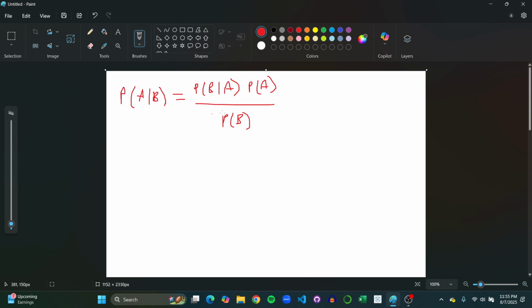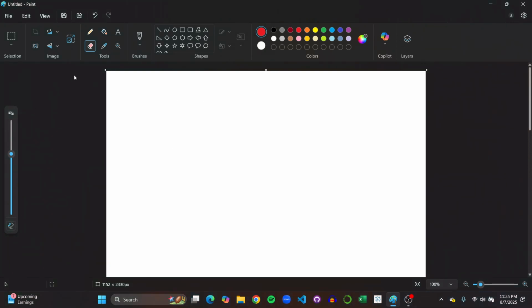Now, let's do a quick proof of this because it really is a restatement of common sense. When we have PA and PB, we can say that is equal to PB, PA.